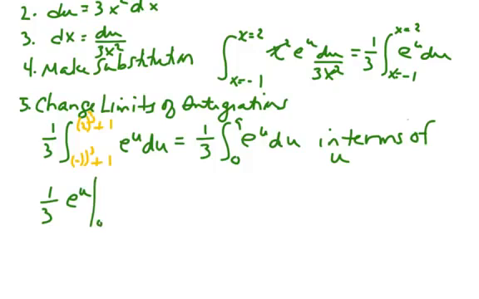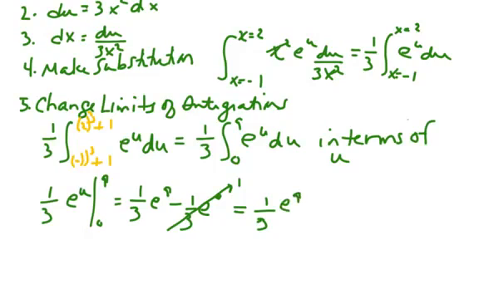And now we're evaluating it at the upper and lower limits of 0 and 9. So this is 1/3 e to the 9th minus 1/3 e to the 0. And recall that e to the 0 is just 1. So I'm going to do a little bit of algebraic cleanup here. You could find a common denominator to put them back together, and that's going to be your answer.